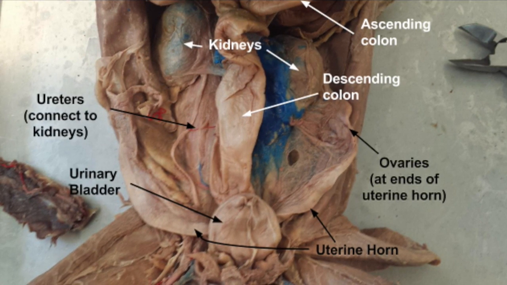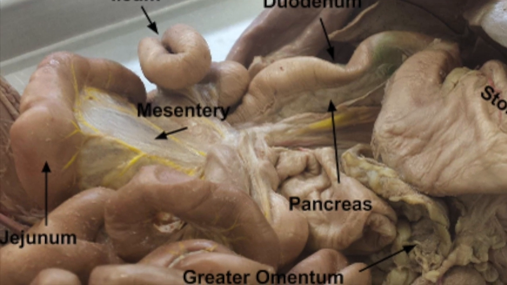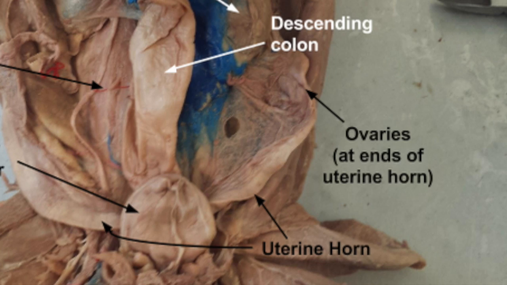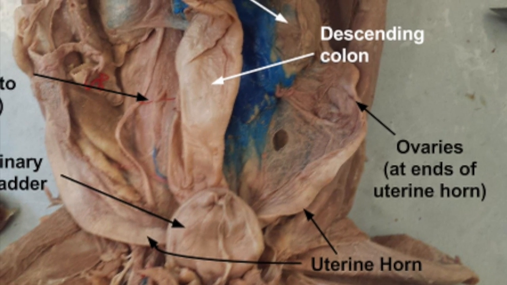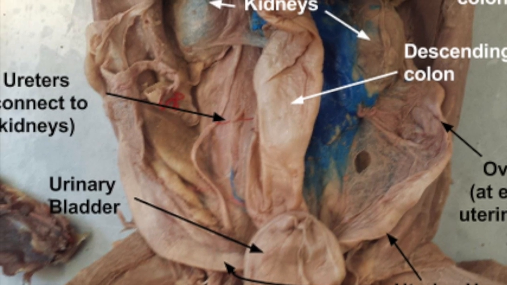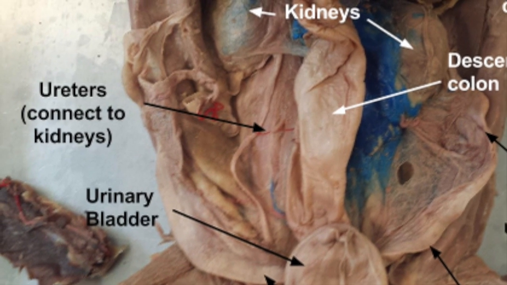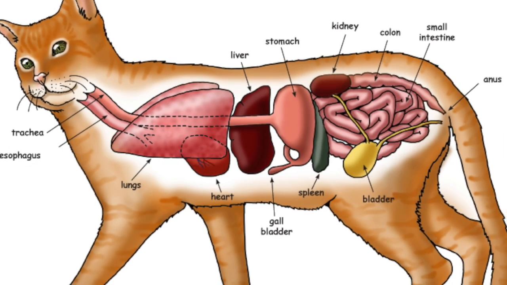And we found the small intestines, which were comprised of the duodenum, ileum, and jejunum. Since our cat was a female, we also had to identify the ovaries, the uterine horn, and the uterus. All of these systems work hand in hand to bring our bodies, as well as the cat's body, to optimal function.